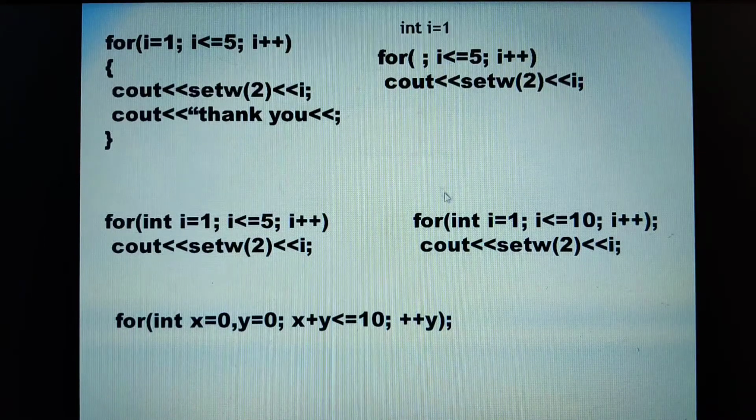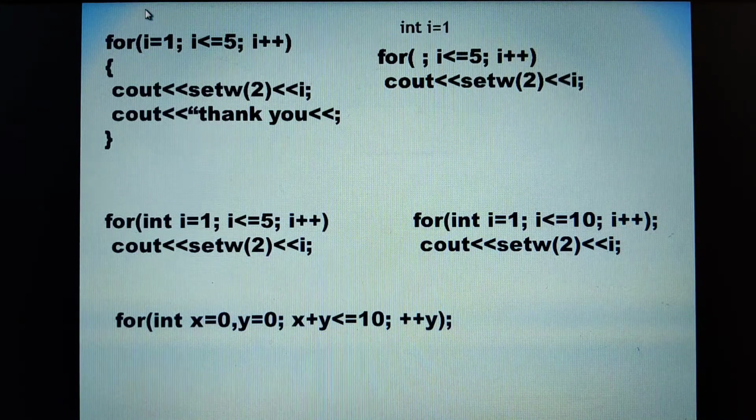Now coming to the next example, you can see it is not compulsory that if you are using the counter variable I here, it should be declared outside the for loop. Whenever you are using the counter variable, you can declare it even within the for loop. It's not that it should directly start like I is equal to 1.